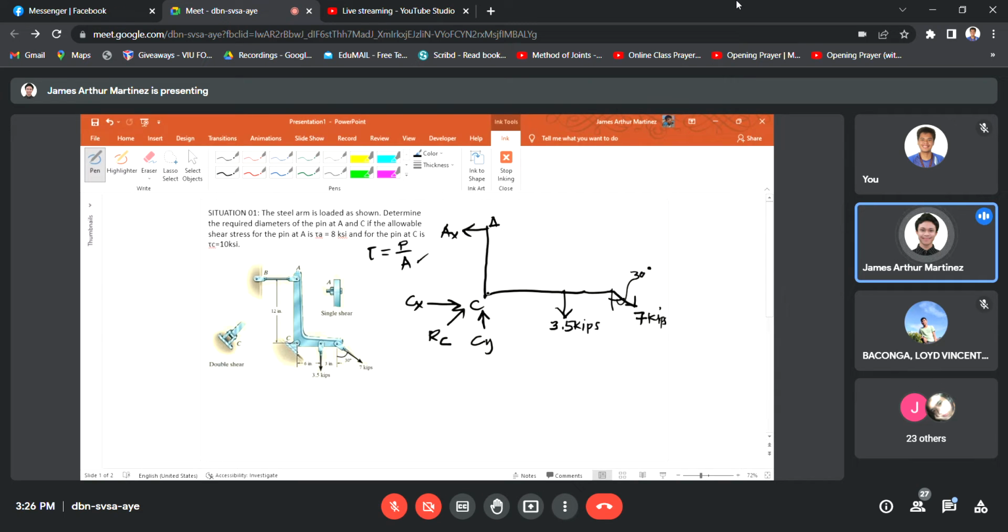So, if we take moments at point C, the only unknown left in the structure would be the force at point A, or the support at A. So, we can get the reaction at point A by taking moments at point C. Taking moments at point C equal to 0, with counterclockwise as positive, AX will cause counterclockwise rotation, so this would be a positive sign convention.